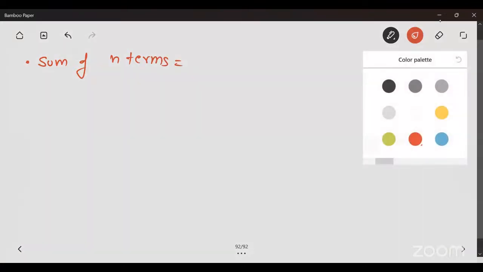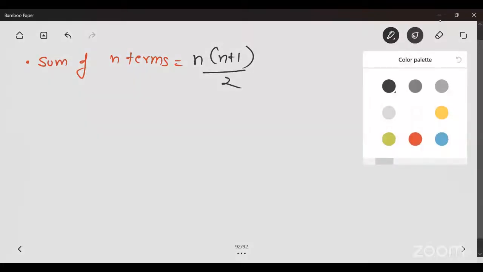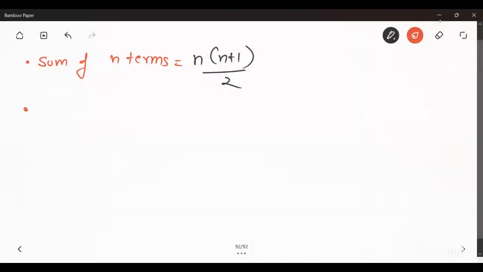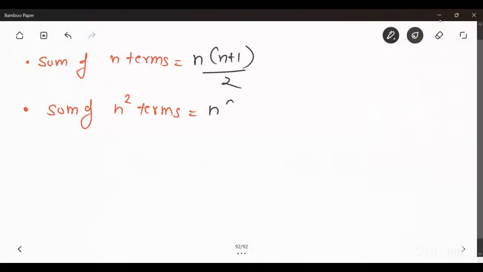So the sum of n terms is n into n plus 1 by 2. Now second, the sum of n square terms. So the sum of n square terms is n into n plus 1 into 2n plus 1 by 6.